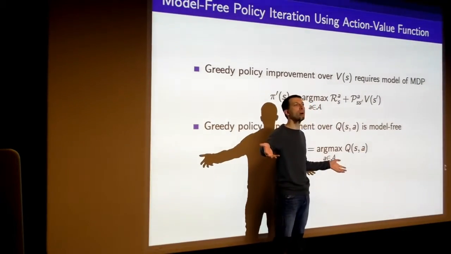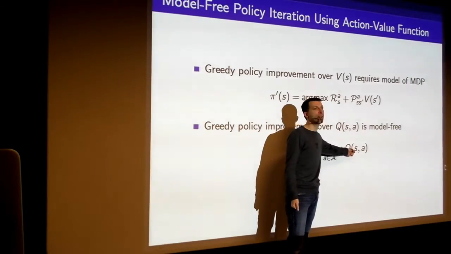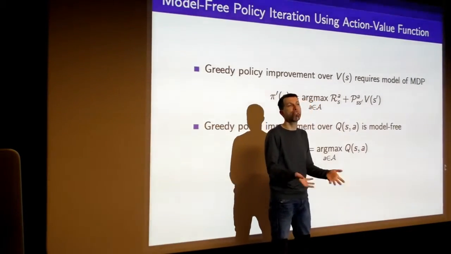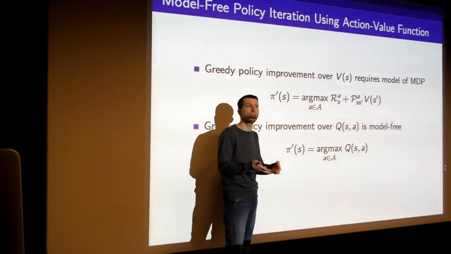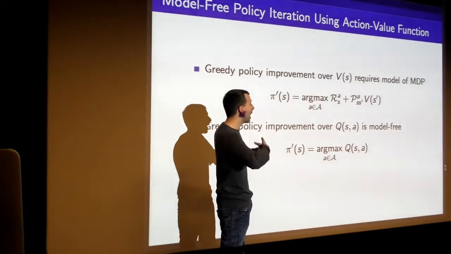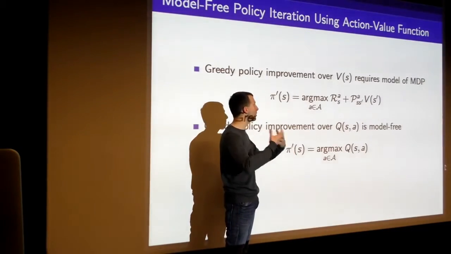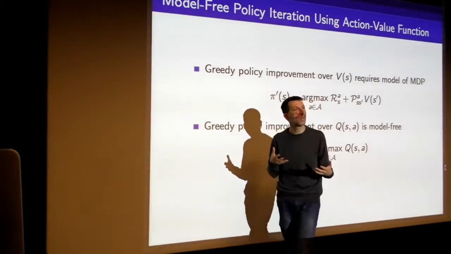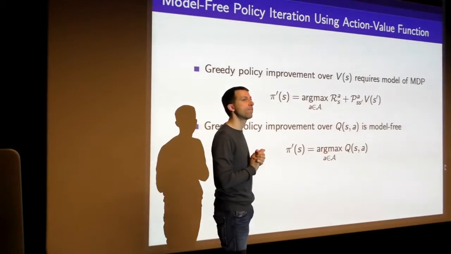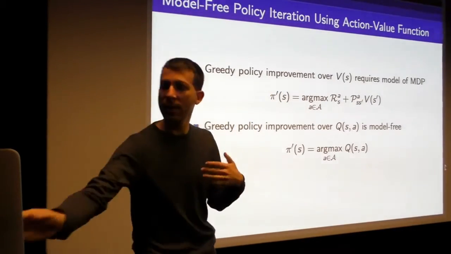Now if we want to make a better policy, we just pick the action that maximizes our Q values. That's the best action. It's immediate. You don't need a model to roll anything forward. It's already there in the structure that we've created. So by caching the values of our actions, we reduce the burden of what we require from our model. We don't need to look at the model anymore. We don't need to roll it forward. Is that clear? Okay.